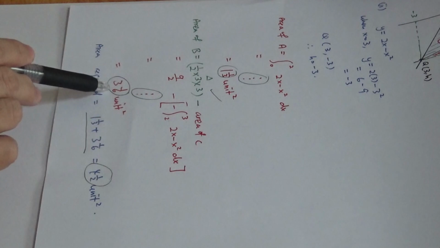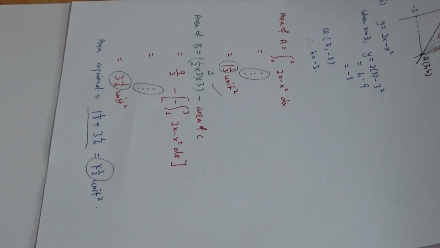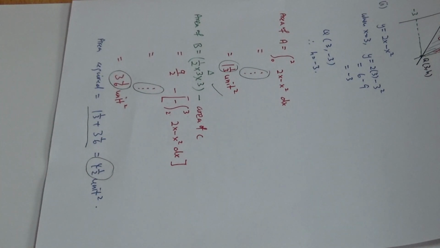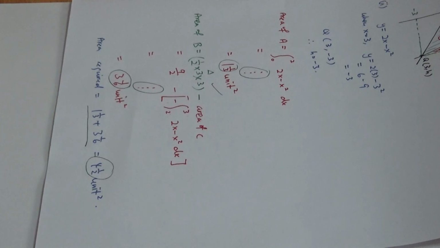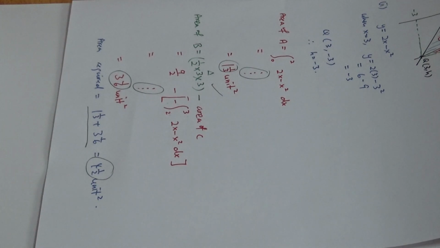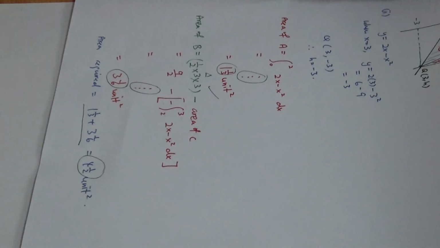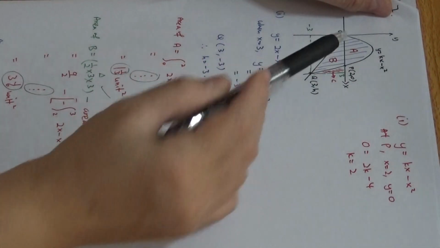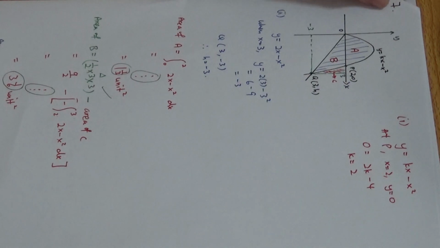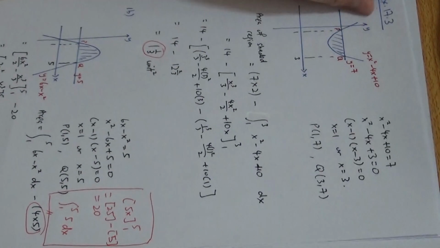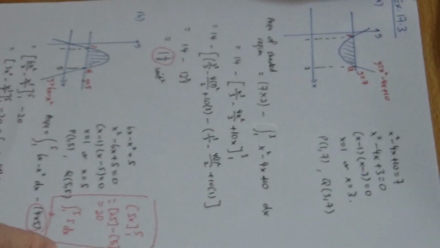Then finally, you must add these two answers up to get the final solution, or the area of A plus B. Because the question says, find the area enclosed by the curve and the line OQ, which means it is the area of A plus B. Alright, so this will complete the exercise 17.3.